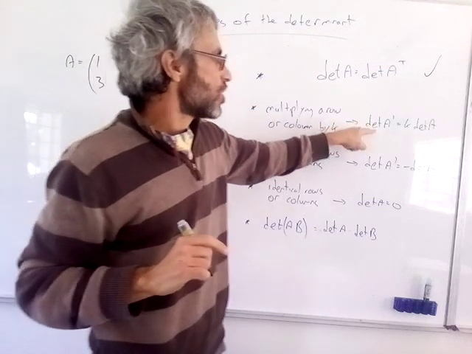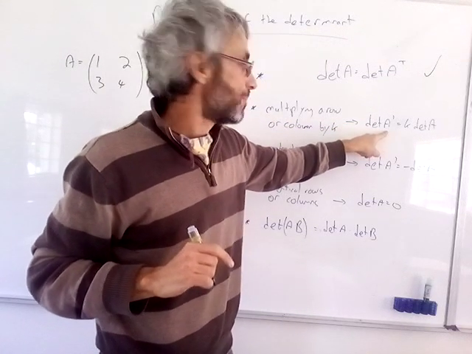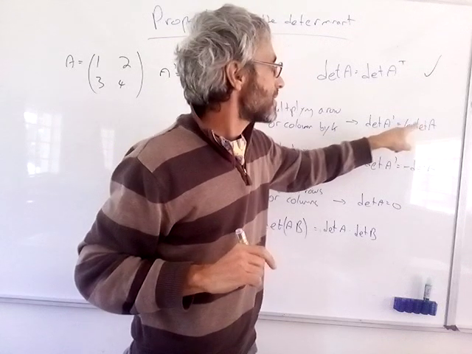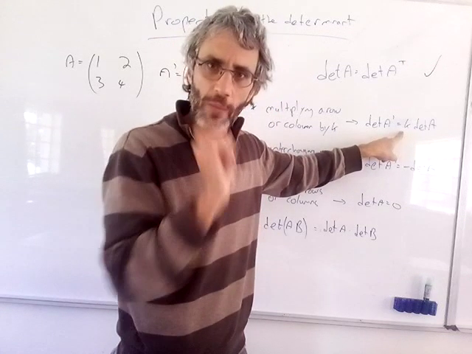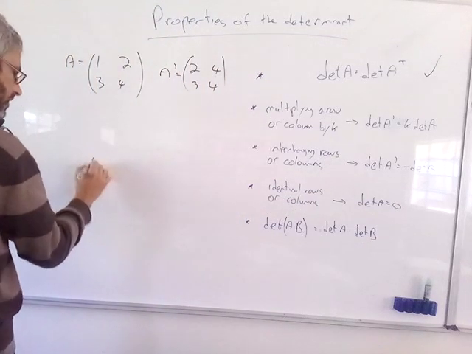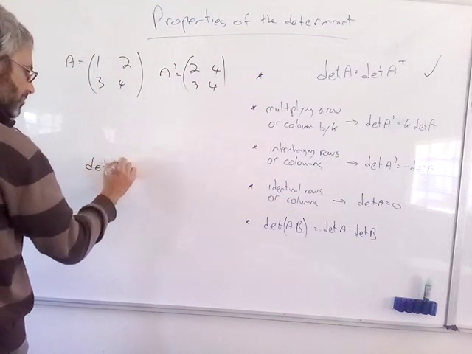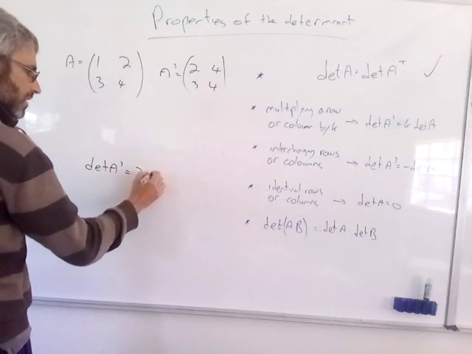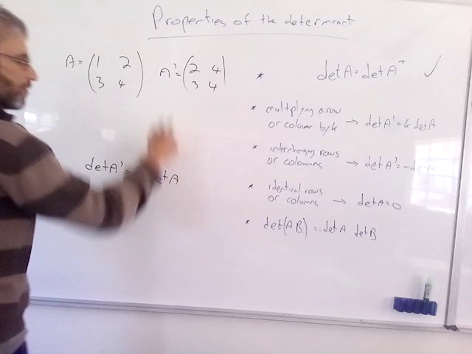It tells us that the determinant of the new matrix is equal to the determinant of the old matrix times that scalar, that multiplication. So here I need to find that the determinant of A prime, the determinant of the new matrix, should be 2 times the determinant of the first matrix, right?